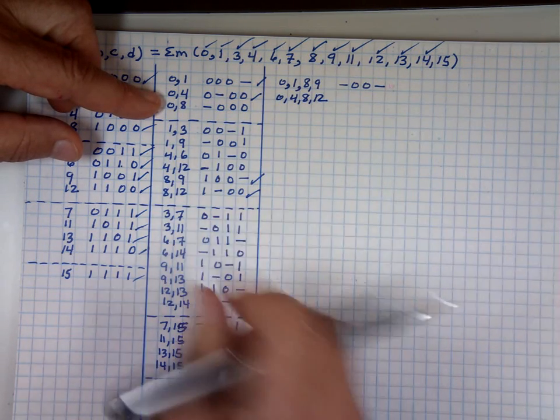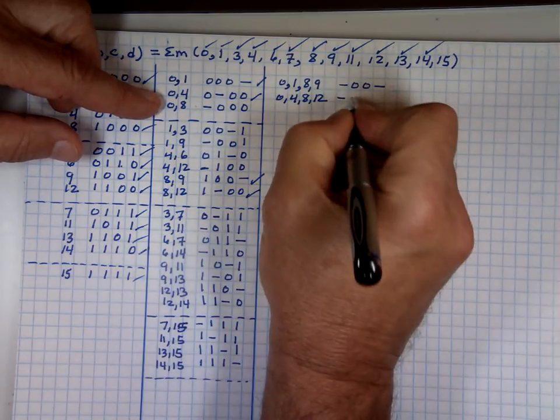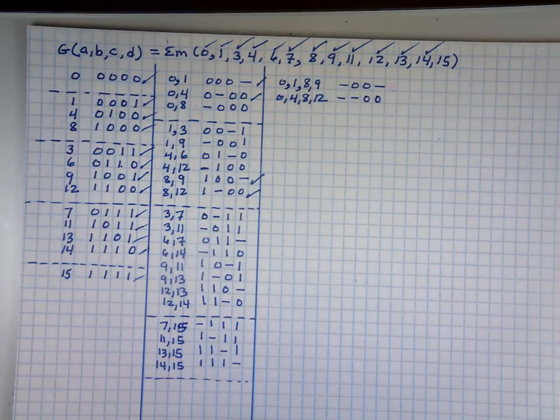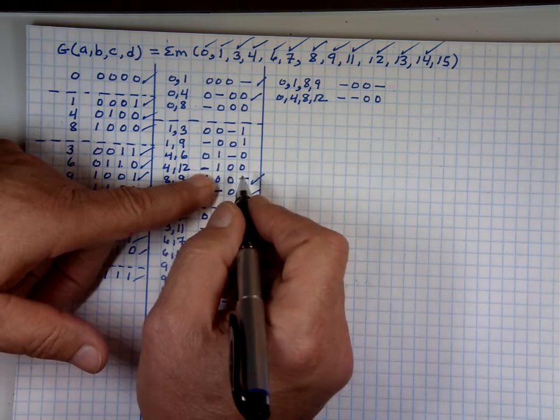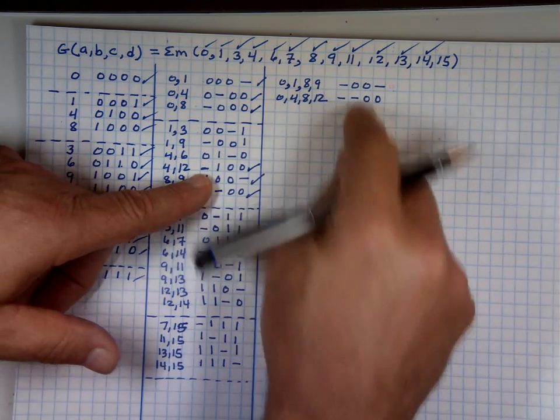Dash, dash, 0, 0. Zero, 8, 4 and 12. Dash, dash, we have that one. But put a check mark next to 0, 8 and 4 and 12. But we have that. That's this one. Dash, dash, 0, 0. But you need to put the check mark.